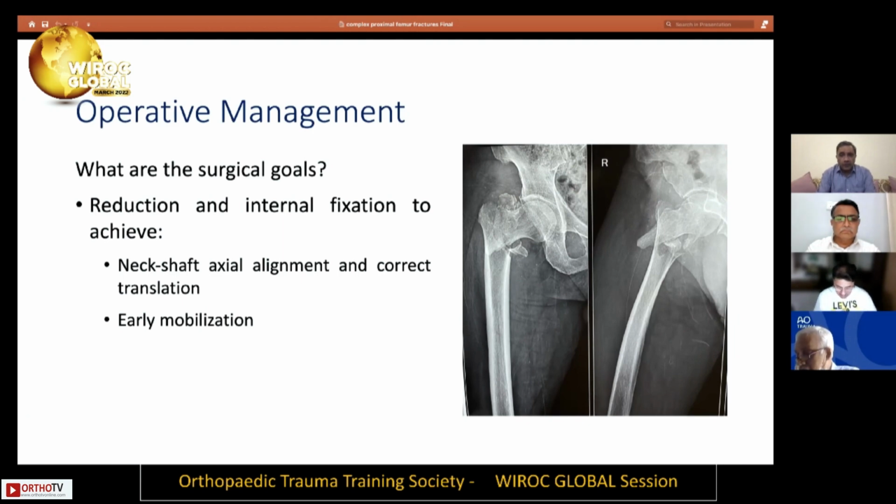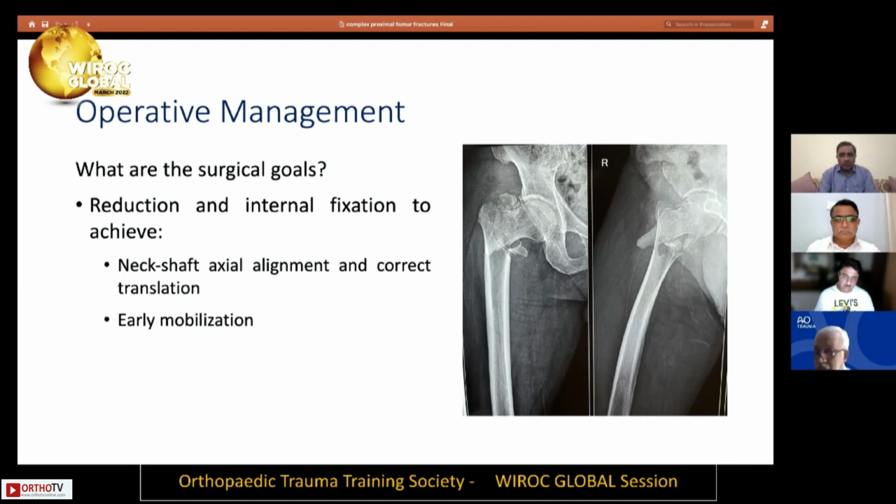And we need to define our goals, what we want to achieve when we are going for surgical treatment. We want to achieve reduction, and we want to achieve internal fixation. By internal fixation, we want to achieve neck shaft axial alignment and correct translation.